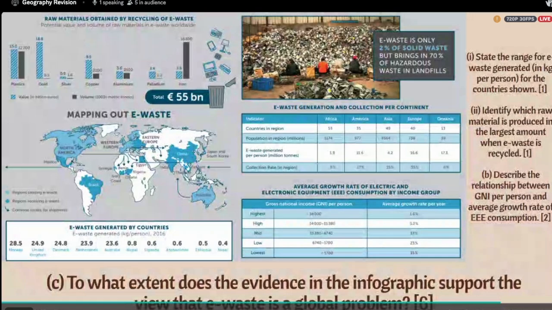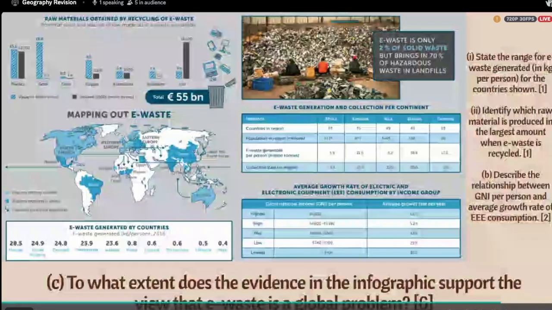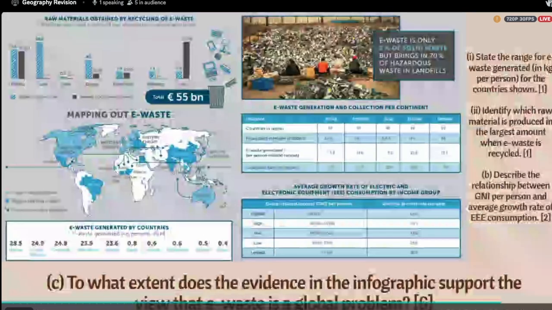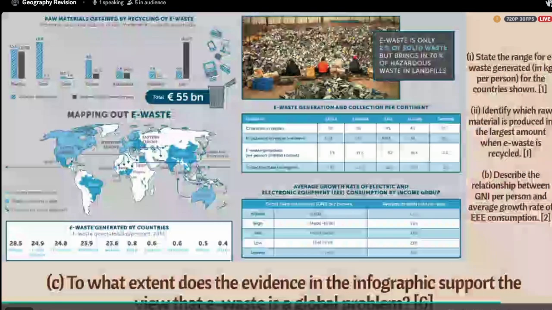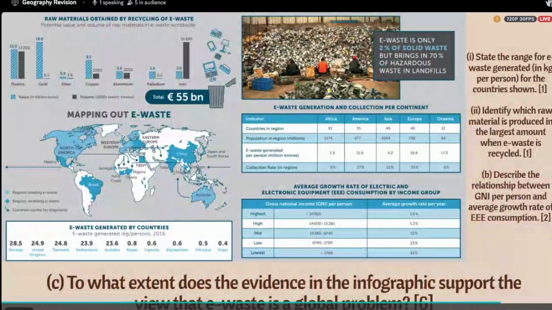But then for how it doesn't support the evidence, you could talk about how HICs are the most problematic. You could talk about how e-waste is actually profitable, it gives you money, rather than it being a bad thing. It's actually a profitable industry. And it also talks about the high employment given by recycling e-waste. So it doesn't really support the claim that it's a negative problem.